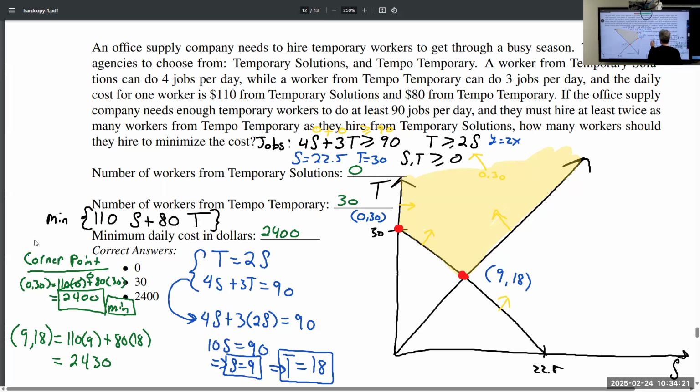And I claim there is no max. You could spend an infinite amount of money to get an infinite amount of jobs completed. So I don't think there is a max for this.